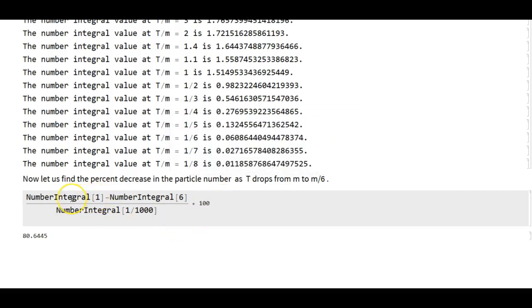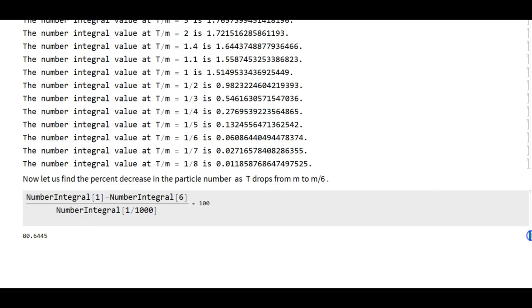So the decrease in number of particles from M to M by 6 is given by the numerator divided by the total number which was present at the relativistic temperature, multiplied by 100, will give me the answer. And this is what I evaluated before this lecture, and I should get the same number.